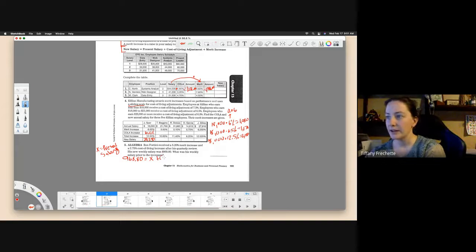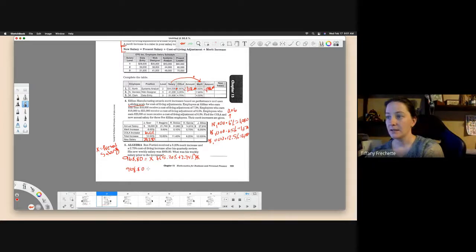So I'm going to go ahead and do it the addition way here. So we're going to add 5.2% plus 2.75%. So these are his total percentage increases. And we need to multiply these by his present salary so that we know how much the increase is. So I'm going to put X right on the end here. Remember, that means multiplication.